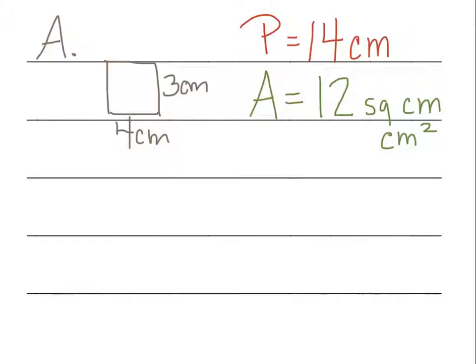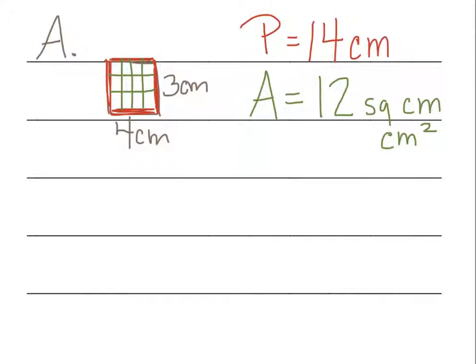Either one is acceptable. All right, hopefully you didn't forget perimeter would be 4 plus 4 is 8, plus 3 is 11, plus 3 is 14. Perimeter around the outside edge. Area is taking the inside. All right, keep those in mind.